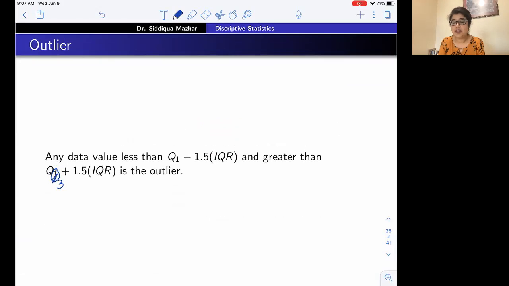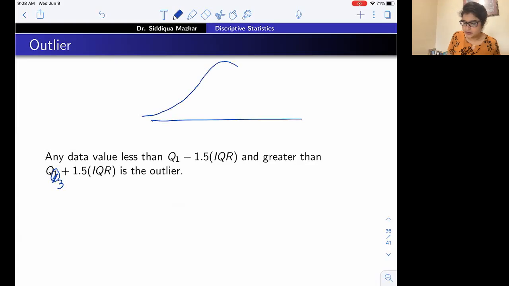If we define an outlier, it is any value which is less than Q1 minus 1.5 IQR. So that means within the bottom 0 to 25% of your data, there can be outliers. And if you go from Q3 onwards, if you remember the normal distribution, it looks like this.